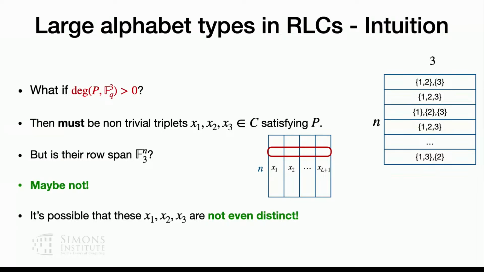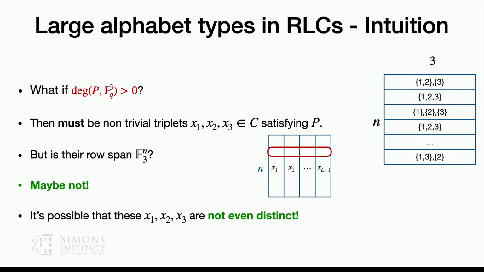In our types, we're always looking for tuples of distinct code words. So if each of these non-trivial solutions has x1 equal to x2, then obviously this is not considered as the type being contained in the code.